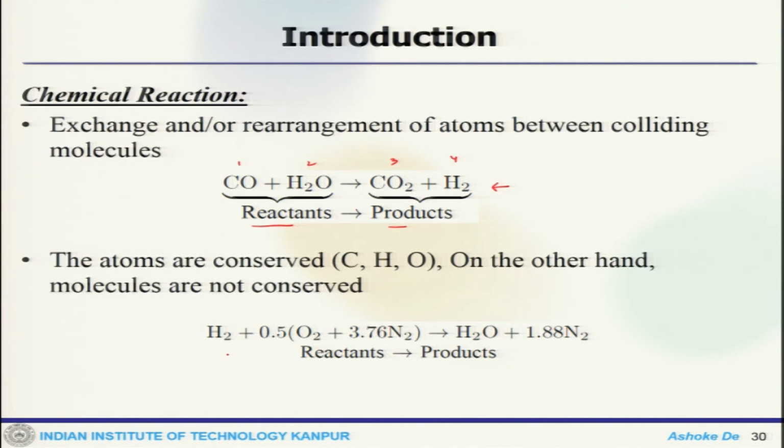Look at this one containing hydrogen when it reacts with air. This whole thing one can treat as air, where you have oxygen and nitrogen in different percentages, and here the molecules are not conserved.